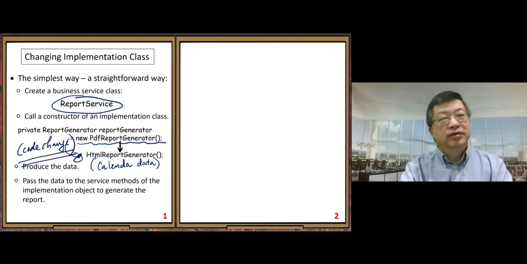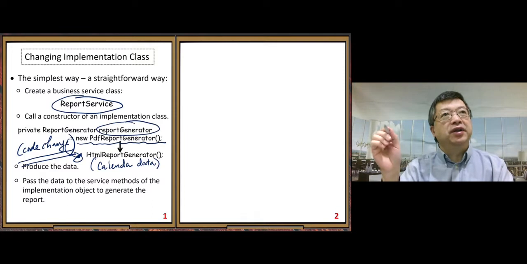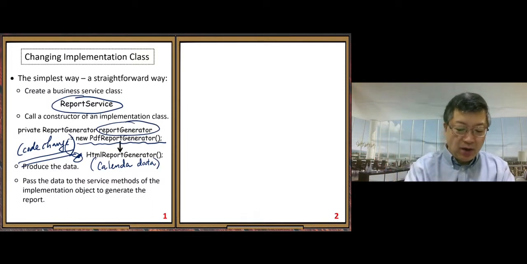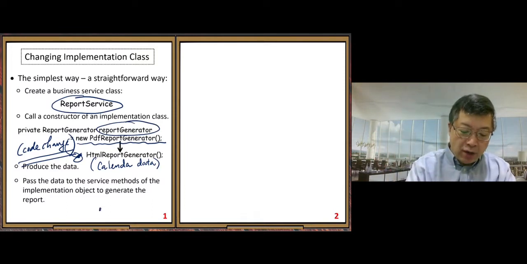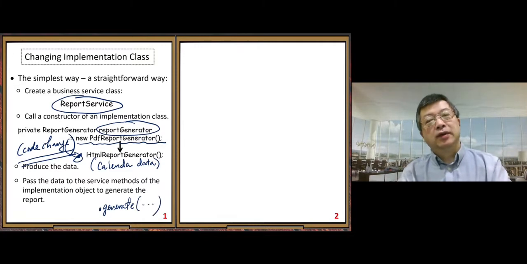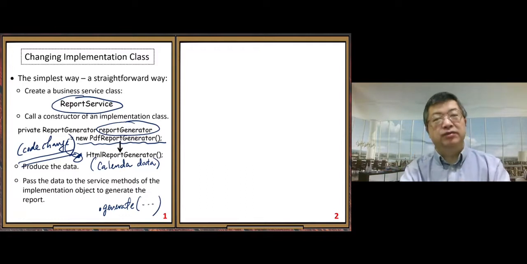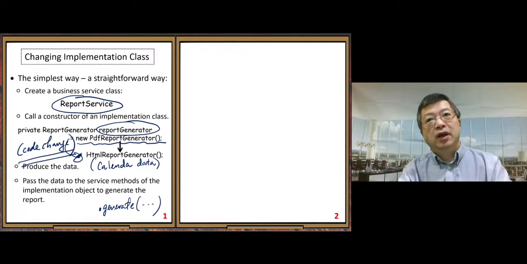That's simple. We have the object, the report generator, and we call generate. Get the job done. So that's the description of the whole solution.